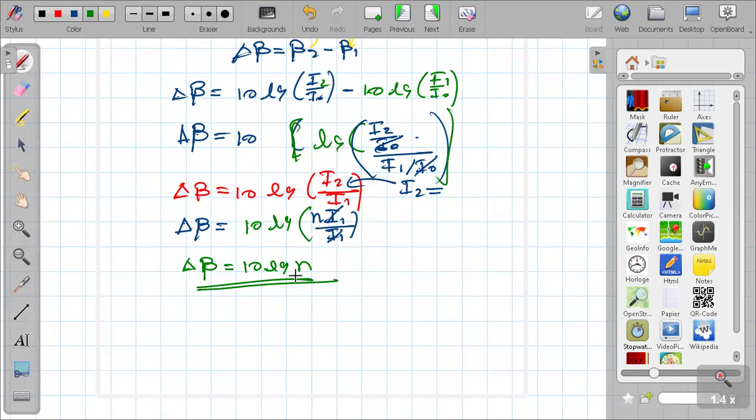This is very much a shortcut method to solve simple MCQ questions. But remember that this is not a standard equation. This is only for MCQs.